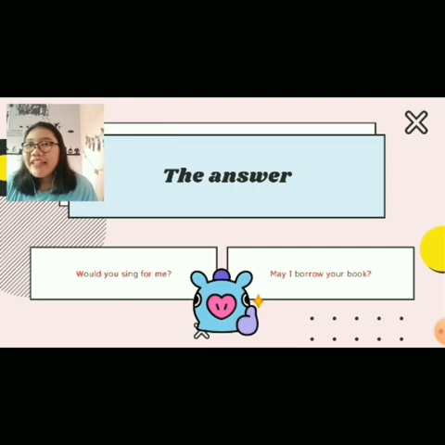The answer is both of them are request sentences. Why? Because both of them use a question mark at the end, and in both sentences we are asking someone to do something, so it's more polite than a command sentence. Do you get it? Okay.